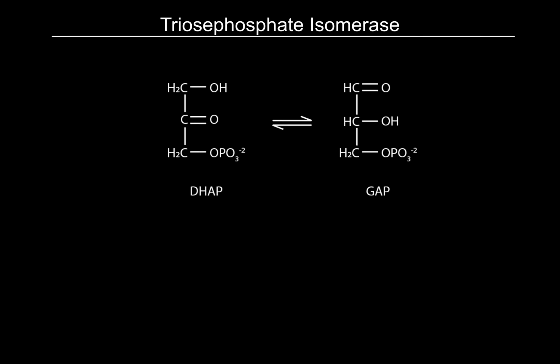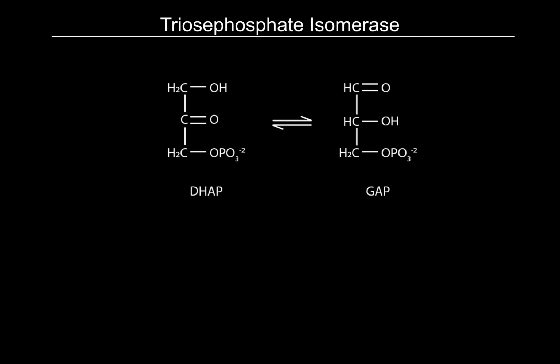These are the 2 products. These are our 2 3-carbon chains. For both of them to proceed through glycolysis, we need them to be interconvertible, right? So we need them to readily be able to convert between one or another. Okay, and that's what this enzyme TPI does. You might also hear it as TIM, triose isomerase mutase.